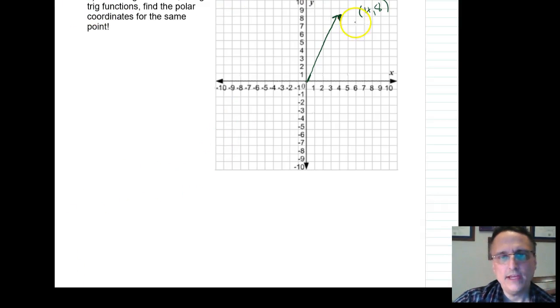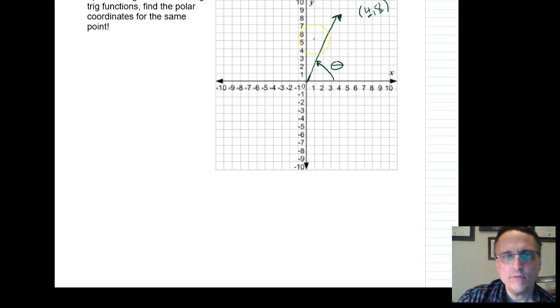The 4, 8 contains 2 pieces of information. How far east-west, how far north-south. Polar coordinates also have 2 pieces of information, but they're 2 different kinds of information. The first piece of information is how far do we have to rotate from the positive x-axis, some angle theta, so that we're pointing in the right direction.